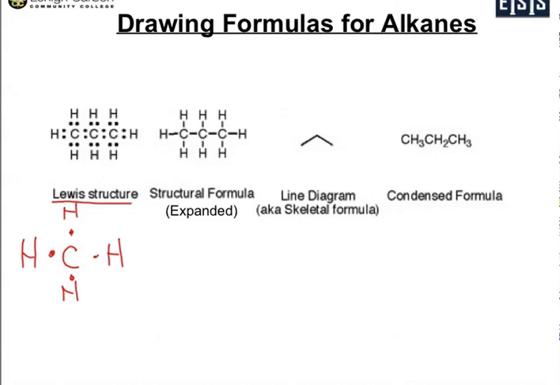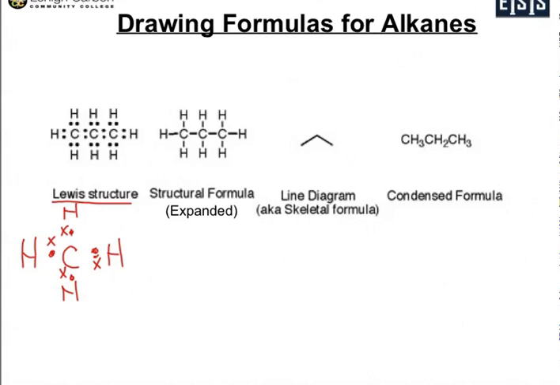And I'll use an X for the electrons donated by the hydrogen or shared with the carbon. And so this would be a Lewis dot structure for methane. And this is one way you can show your organic compounds.